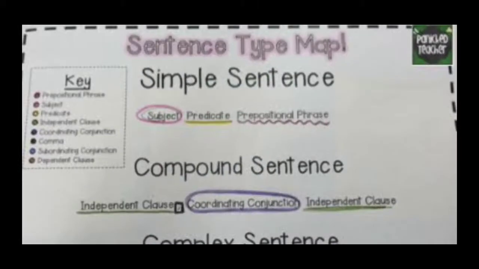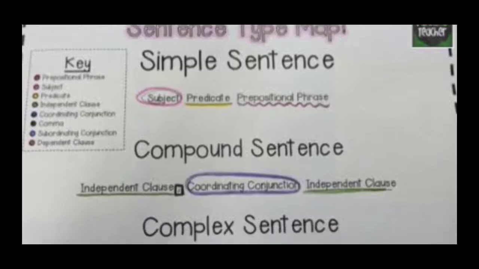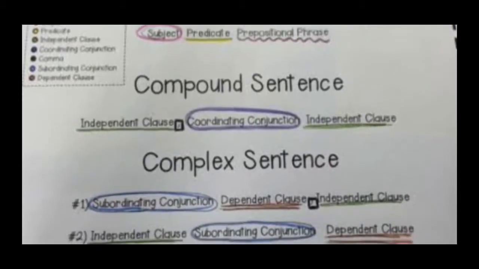So children, the sentence types are simple, compound, complex. Already we know that. A simple sentence contains subject, verb, that is subject and predicate with prepositional phrases. And a compound sentence contains an independent clause, comma, coordinating conjunction with another independent clause.